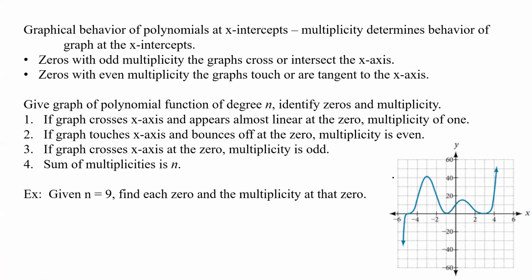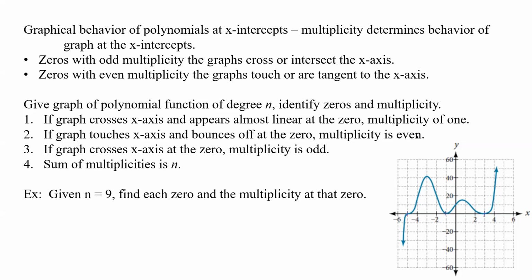So if we look at our graph down here, we can see it crosses at a point like this, and it touches or is tangent at those points there. So that's kind of what we're looking at when it crosses at that intercept. So that's the intercept there, that's the intercept there, and that's the intercept there.